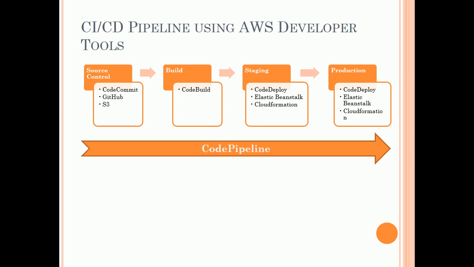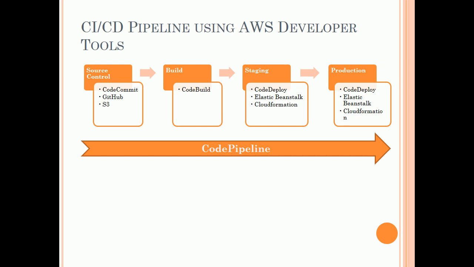As we know, we have 4 stages in CodePipeline, that is source control, build, staging, and production. So AWS CodePipeline will pull source code from CodeCommit, GitHub, or S3. Then it can build the code with CodeBuild. And to deploy the code to the staging environment, we can use CodeDeploy, Elastic Beanstalk, or CloudFormation.